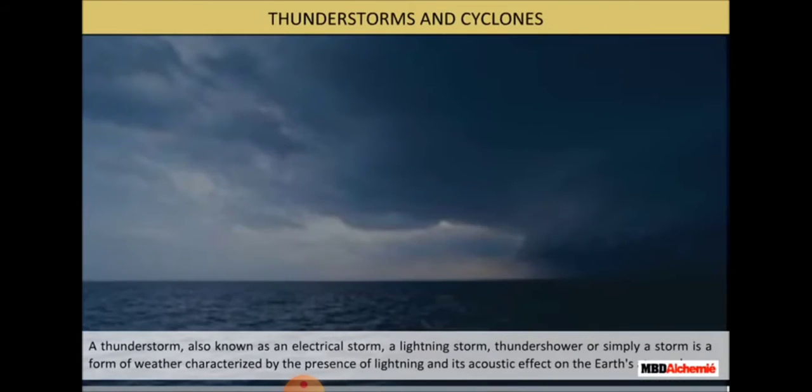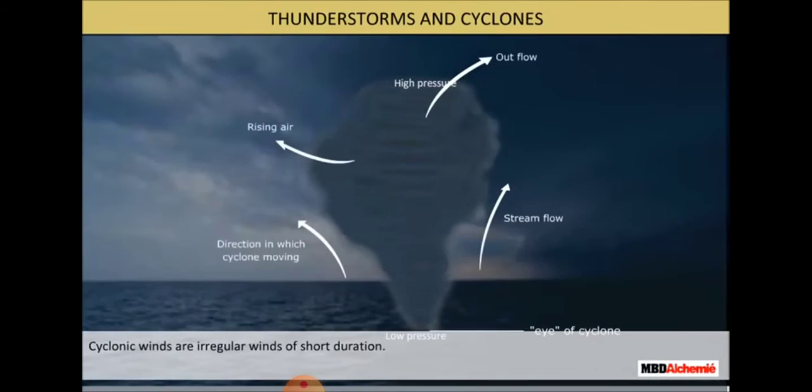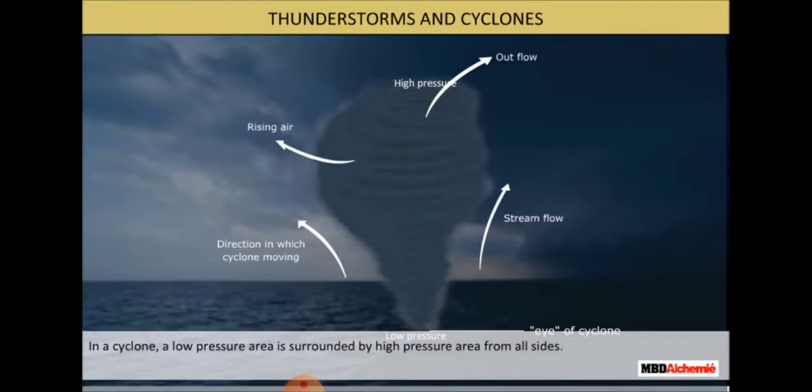As you can see, the dark clouds are formed at the low altitude in the atmosphere, and the cyclonic winds are irregular winds of short duration.